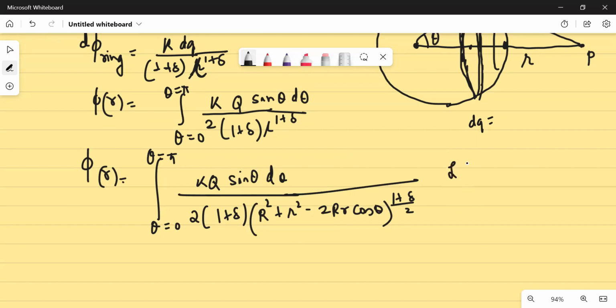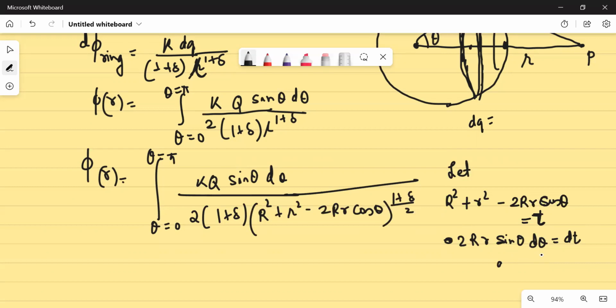So let capital R square plus small r square minus 2 capital R small r cos theta be equal to T. If I differentiate this, I will get 2 capital R small r sine theta d theta equal to dt. So I can write sine theta d theta as dt upon 2 capital R small r.